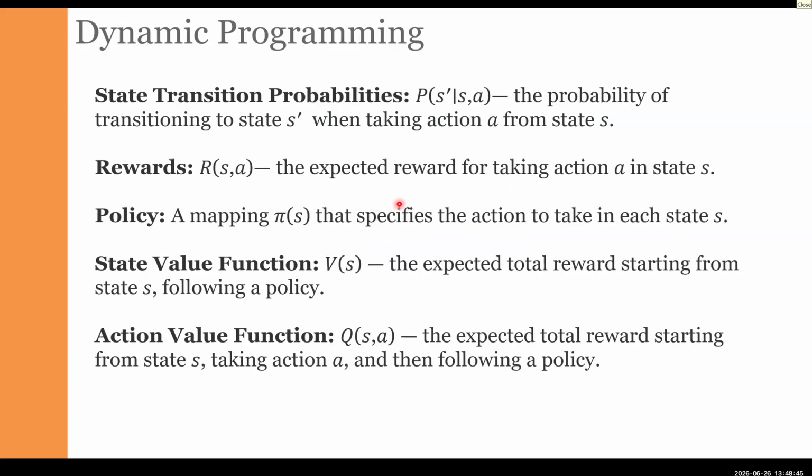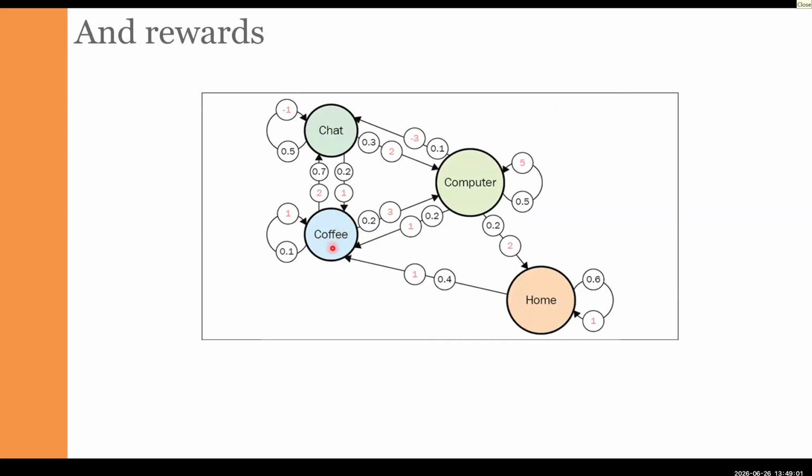That being said, once we have the transition probabilities and reward policies, we can actually define the state value functions. The state value function would be: if I start in this state and keep moving along, keep taking actions, what is the long-term benefit? Not the benefit of the next step, but the benefit of doing it over and over again. See the difference, right?